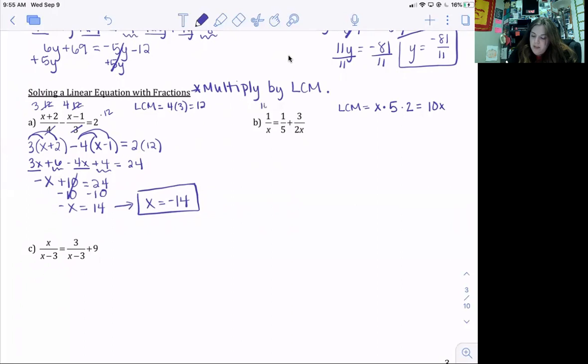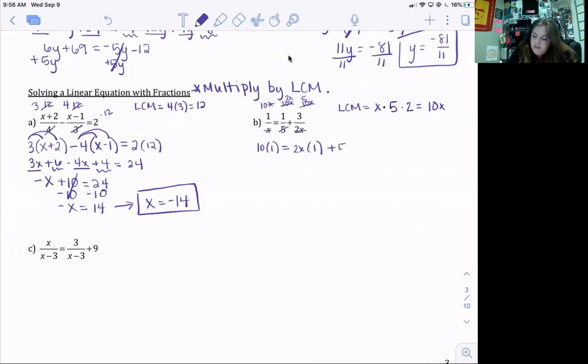So we're going to multiply everything by 10x. What's nice about this is it's going to eliminate our variables in the denominator because x divided by x goes away, and we're left with 10 times 1, which equals 10x divided by 5. Well, 10 divided by 5 is 2, so we're left with 2x, which will be multiplied by that 1, plus 10x divided by 2x is 5.